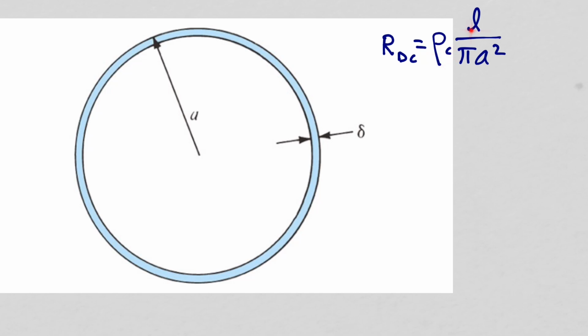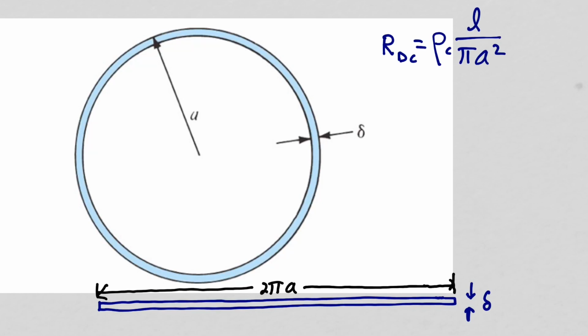To approximate the AC resistance, let's take this skin depth cross-sectional area here. So I've redrawn this ring here, so its thickness is delta, and the length will be the circumference of this circle, 2 pi a.